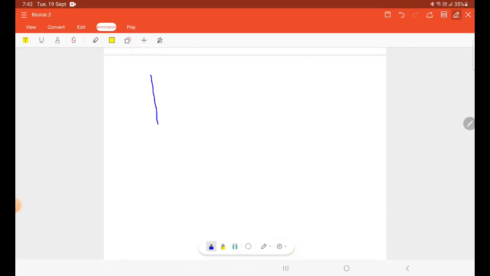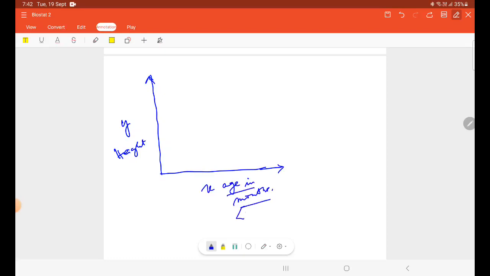Height for age for 100 children. We can choose either way. Say for y-axis we are putting height, x-axis we are putting the age in say months. For less than 5 years children we are choosing the months.